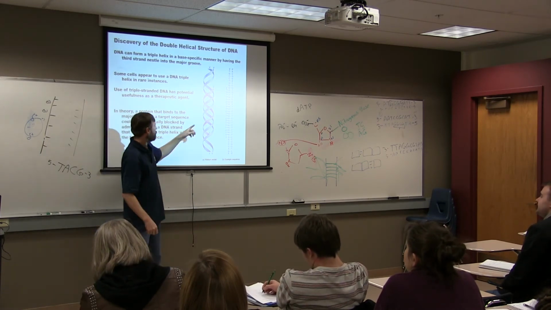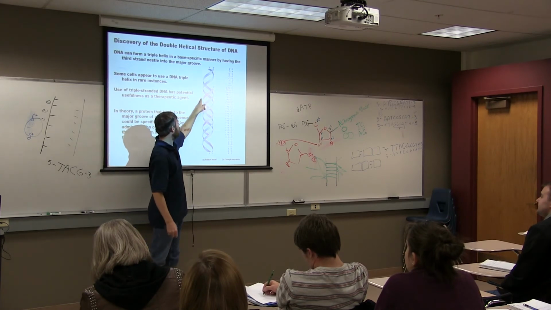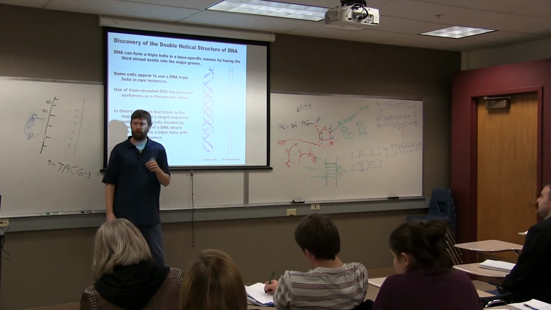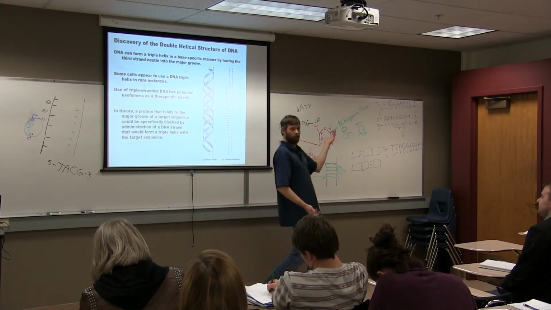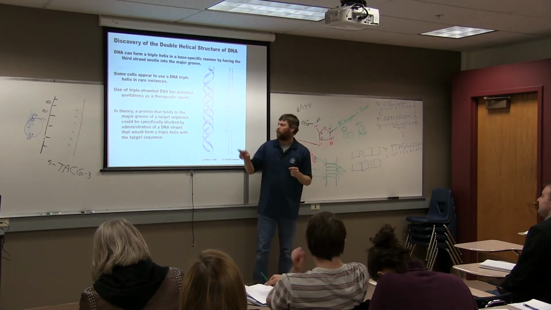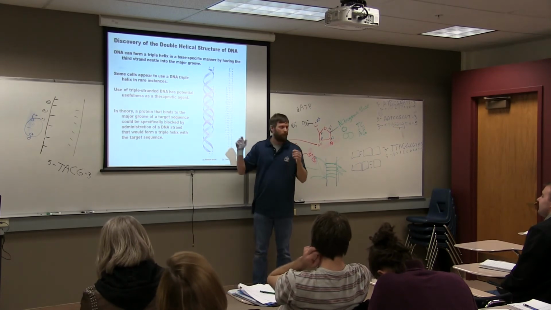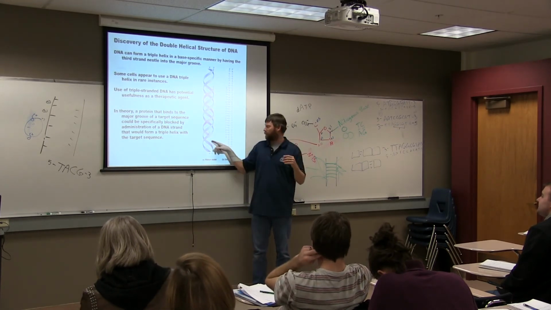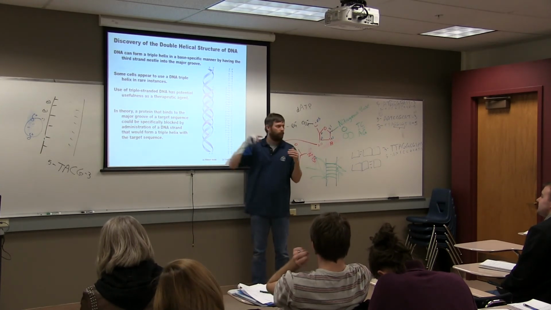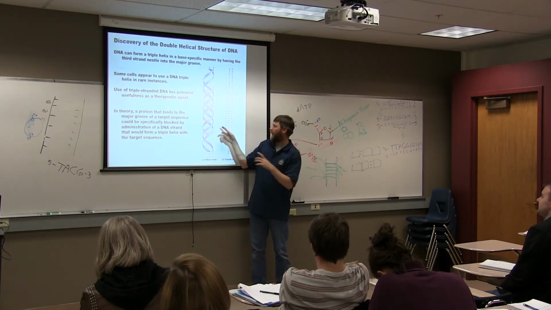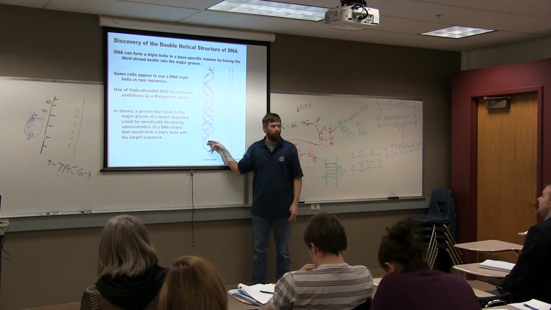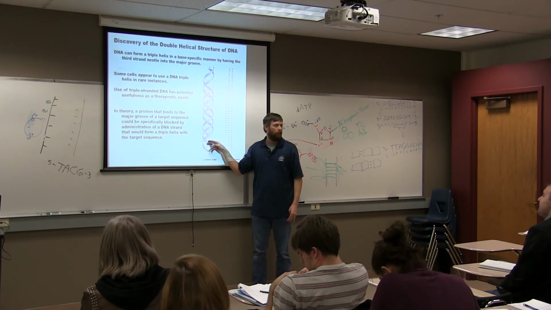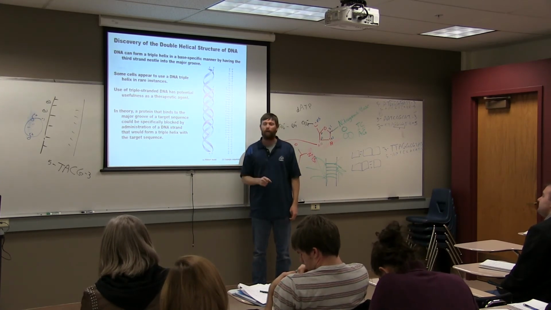It sits into the major groove and wraps around, and it's not just randomly going, hey, I'm a third strand of DNA, I think I like to bind here. The nucleotide sequence, the order of the bases in this third strand, determines whether it can interact with functional groups in the major groove. And so it's sequence specific.